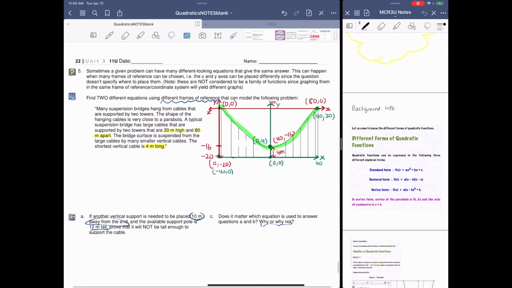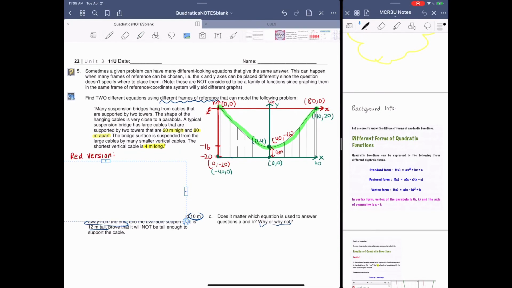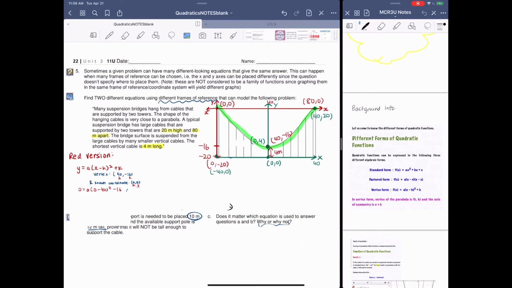So for the red version, I have the vertex formula. I'm going to plug in (40, -16), and I'm going to plug in (0, 0). And when I do that, I get the following. I'm going to simplify so that I get 0 = a(-40)² - 16. And I get 0 = a(1,600) - 16.